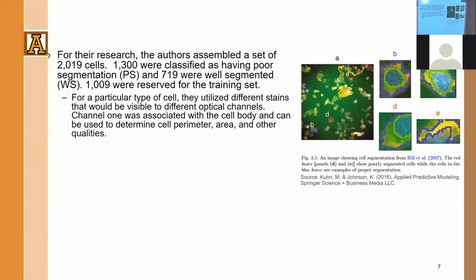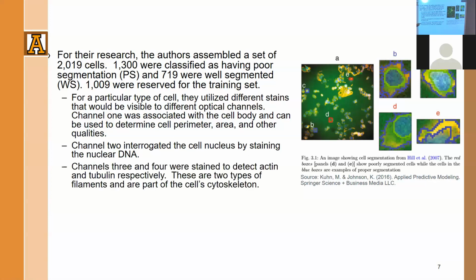Now, for a particular type of cell, they utilize different stains that would be visible to different optical channels. Channel 1 was associated with the body of the cell and can be used to determine cell perimeter, area, and other qualities. Channel 2 interrogated the cell nucleus by scanning the nuclear DNA.